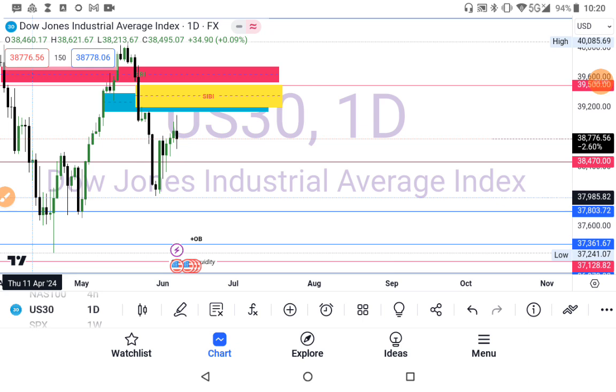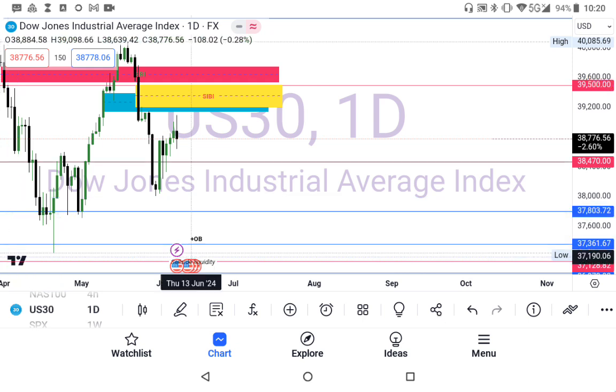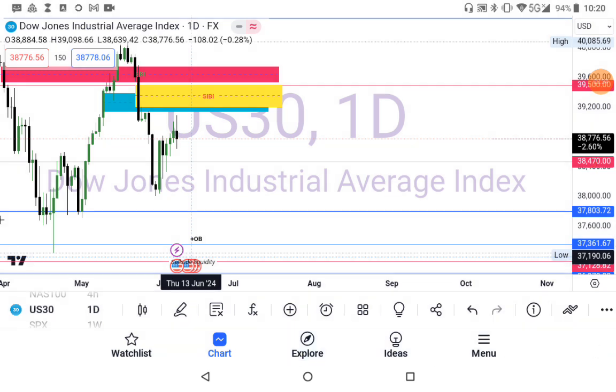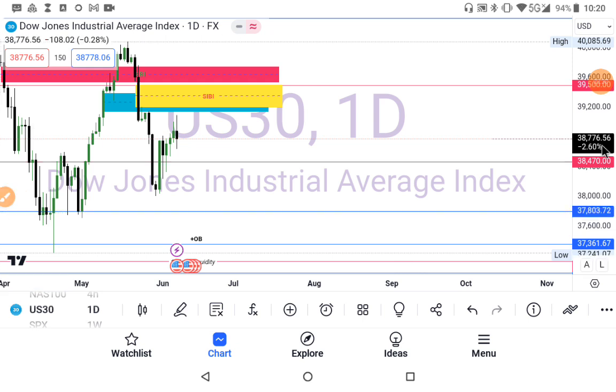37,803 was not delivered, and I was not interested to go further because I mentioned that if 38,470 does not serve as a resistance to the price, then I'll be watching to go back up on Dow.